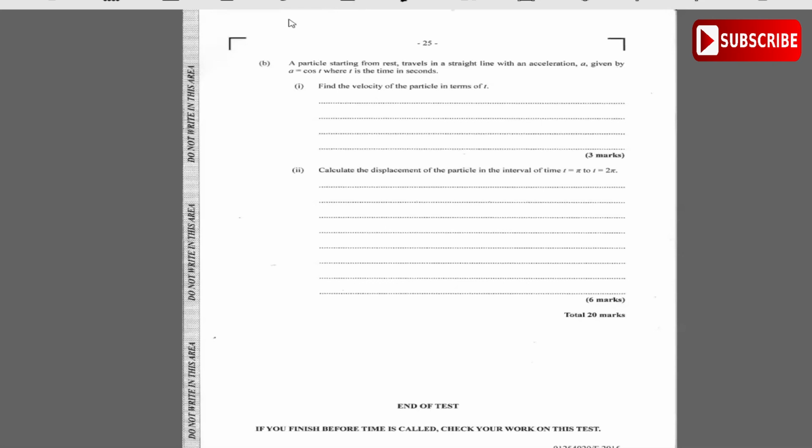So we have to remember that velocity is the integral of acceleration, and the acceleration is cosine t. When you integrate cosine t, you get sine t. So the velocity is sine t plus some constant. Let's call it plus c.